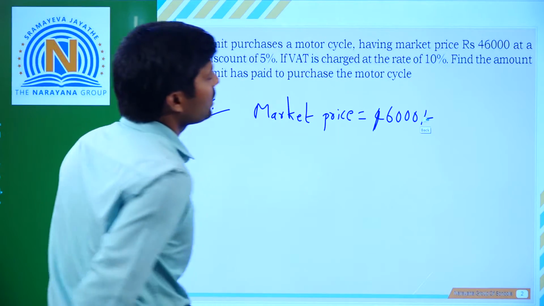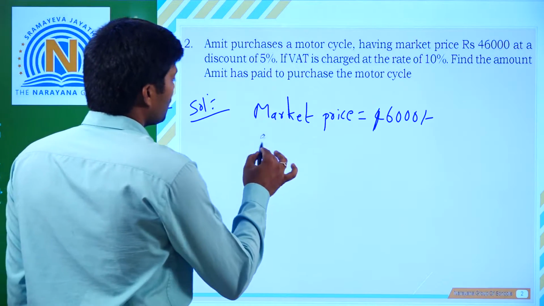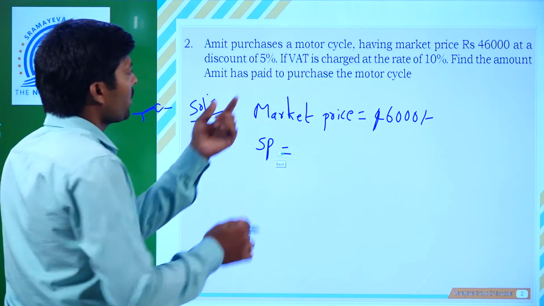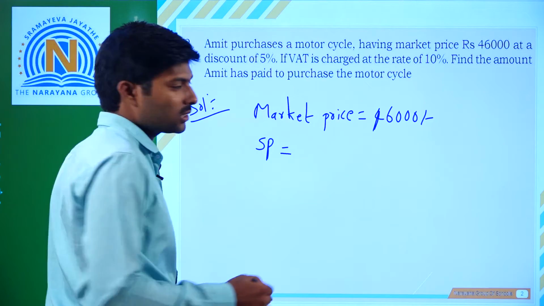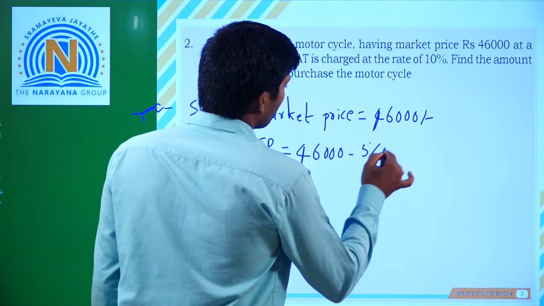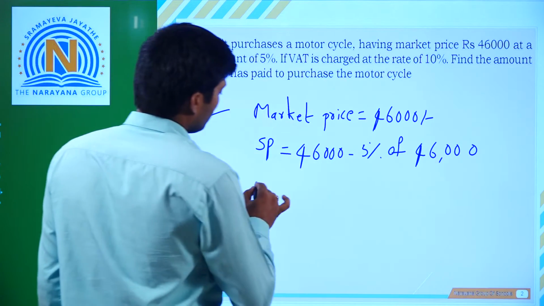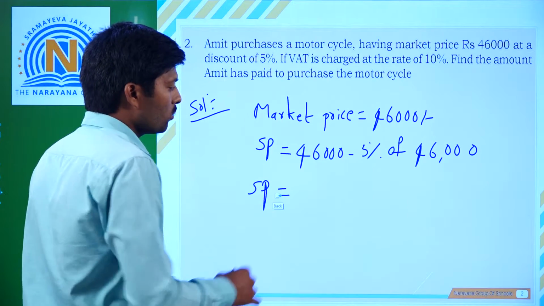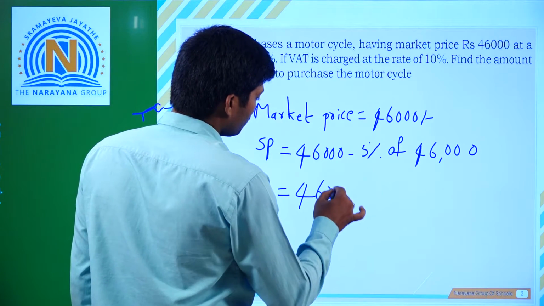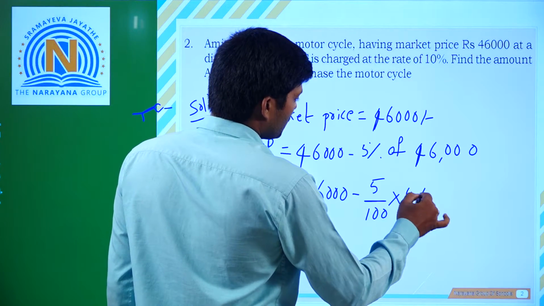So, 46,000 at a discount of 5%. If you want to find the selling price, we need to subtract the 5% discount from the market price, that is 46,000 minus 5 percentage of 46,000. So, the selling price SP is equal to 46,000 minus 5 by 100 into 46,000.